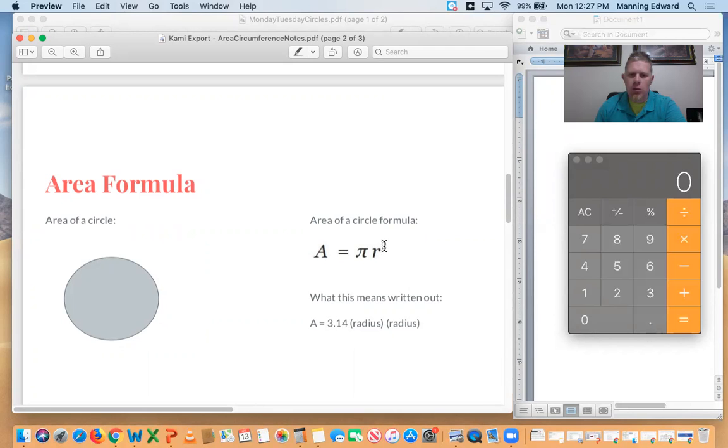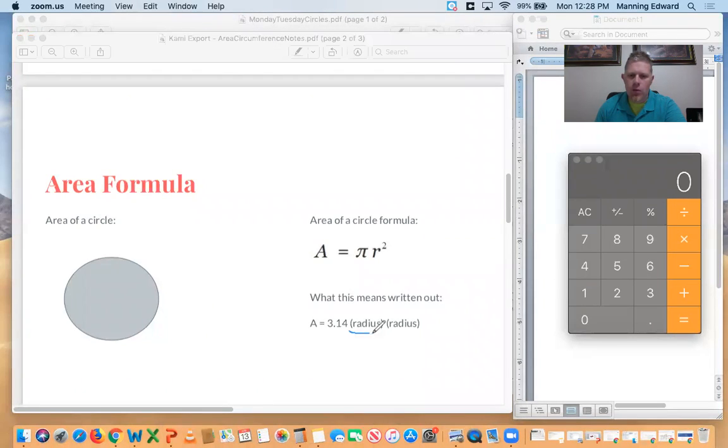That's what the little 2 means. Little 2 means squared. So radius, we got radius times the radius. And this is of course times 3.14. Okay? All right, we're going to do a little example here.